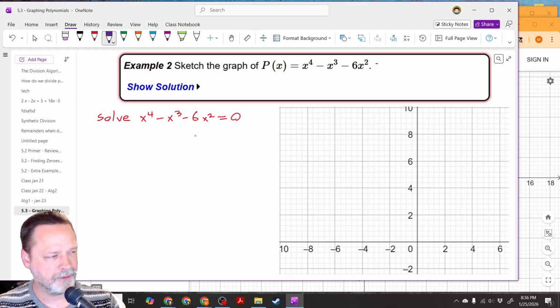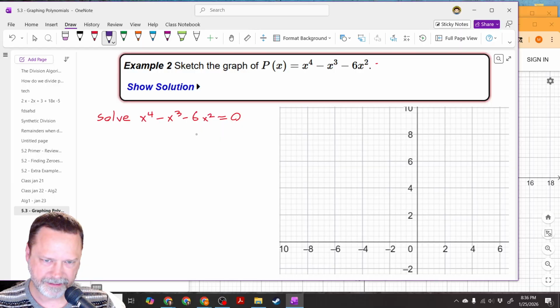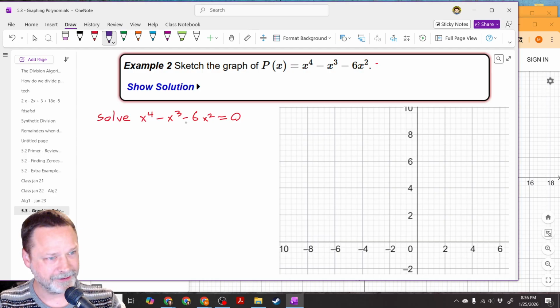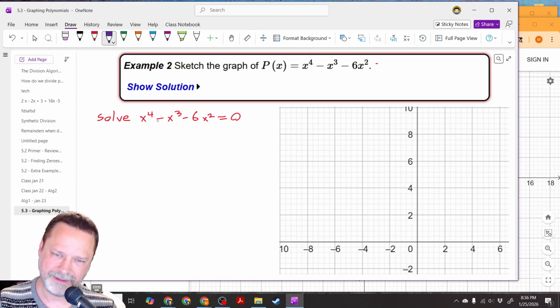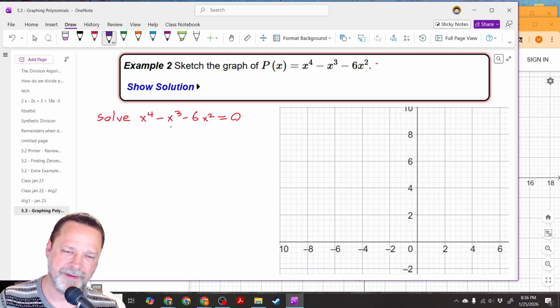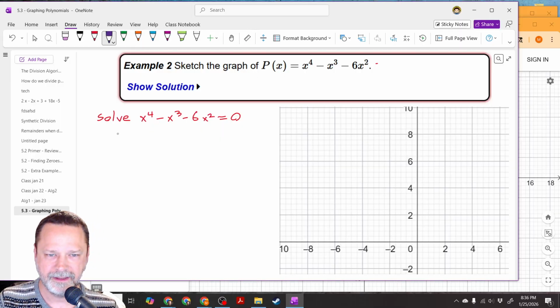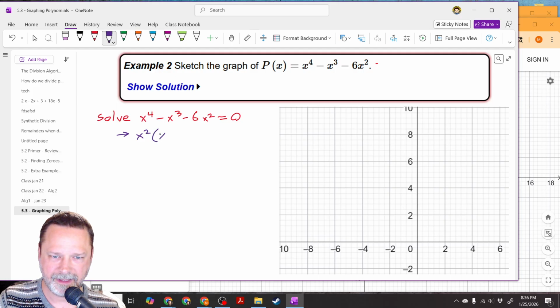Well, whenever we're solving quadratics, and now these are like quadratics but harder, we'd like to factor if we can. And so we are still doing that. I notice here a common factor in each term is x squared. So I could take that x squared out, and I get x squared times x squared minus x minus 6 equals 0.